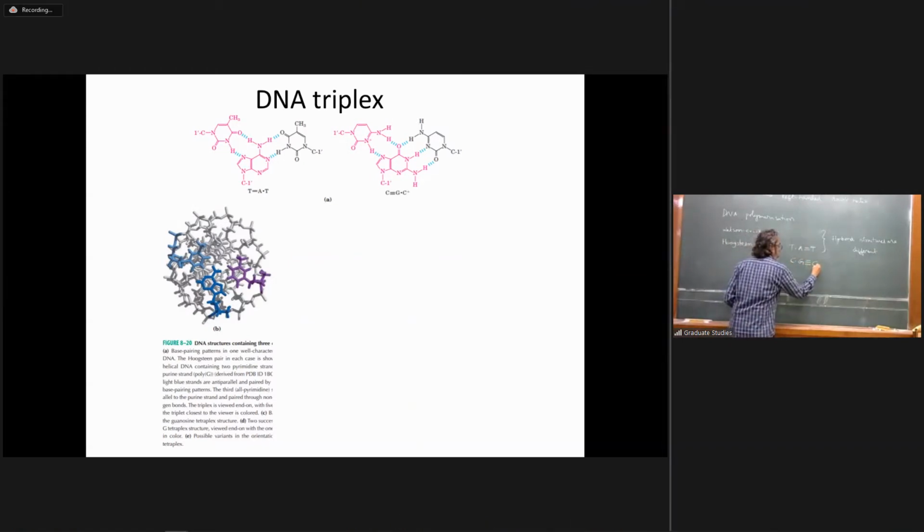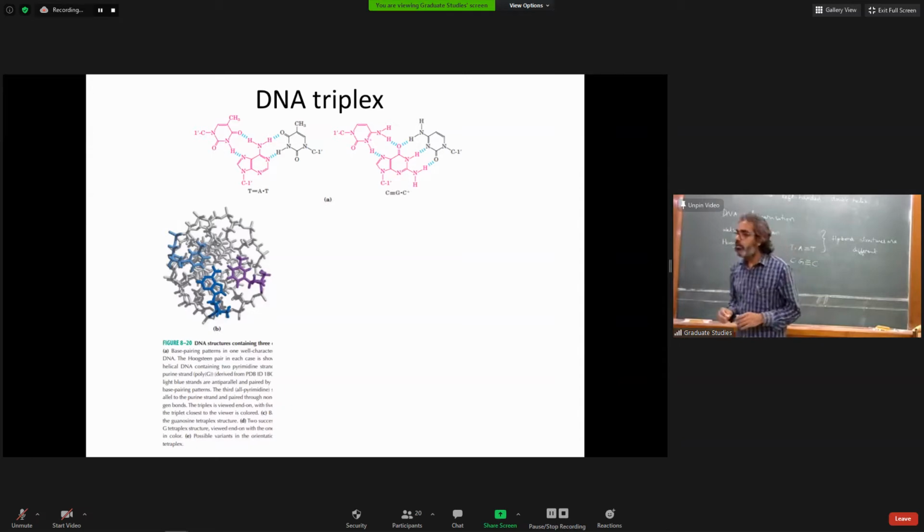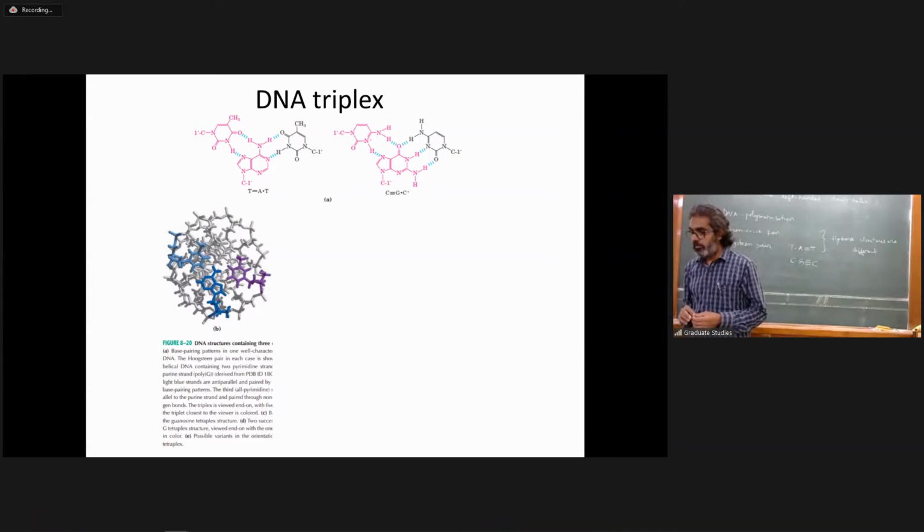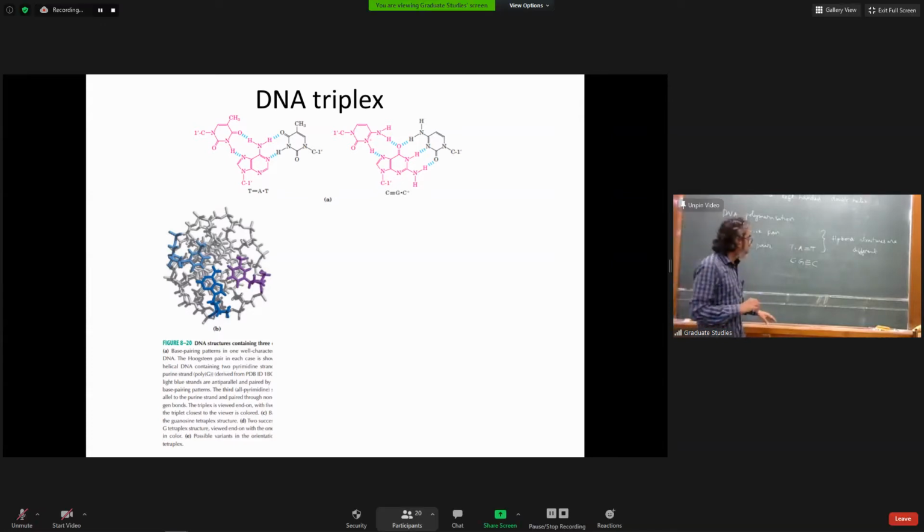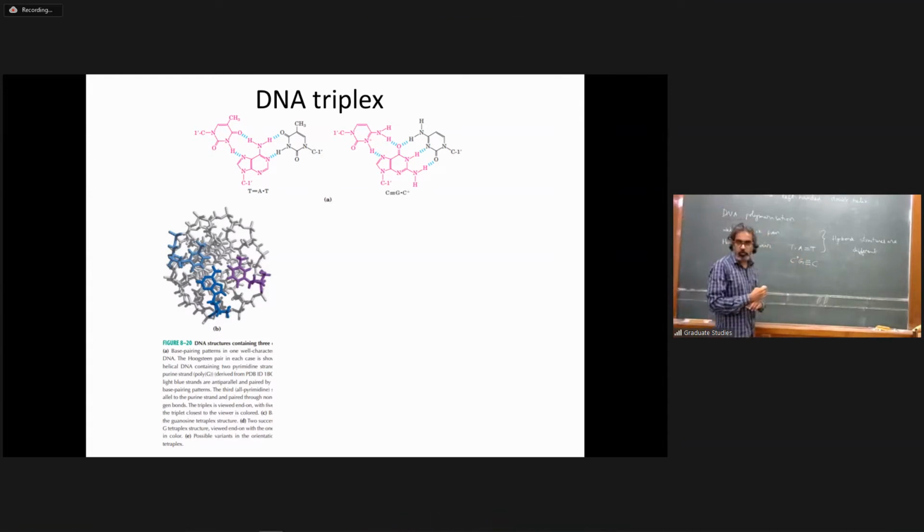So here we have taken cytosine. Yes, Ashwarika? We have taken protonated cytosine in Hoogsteen base pairing. Okay, very good. So here, the cytosine is actually protonated. So there is a hydrogen atom added to a nitrogen, which can act as a donor.